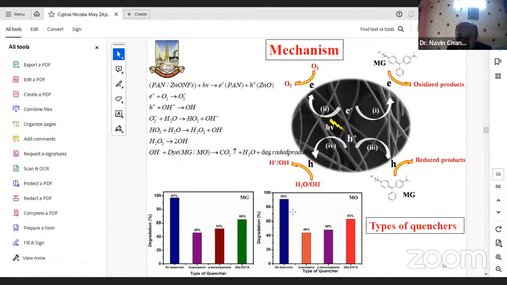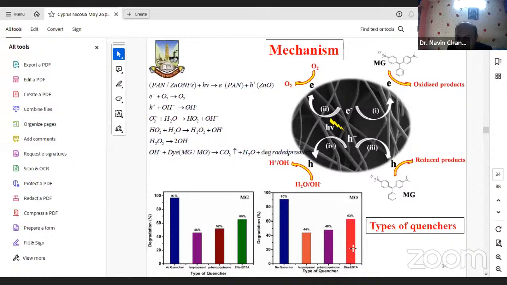As everyone knows about this mechanism, we have done the study in presence of quenchers. These are the different quenchers: no quencher, then isopropanol, then benzoquinone, and sodium EDTA we have used here.